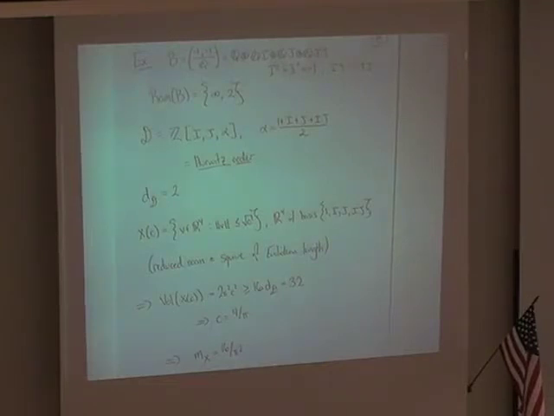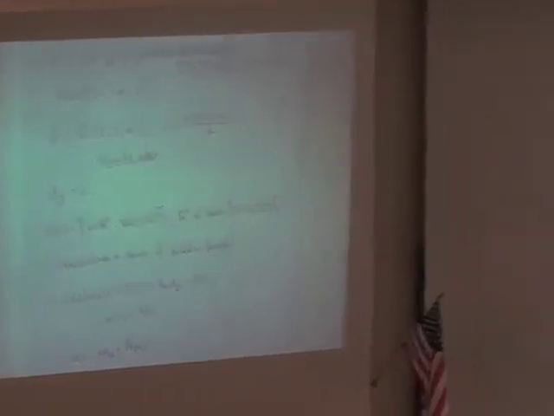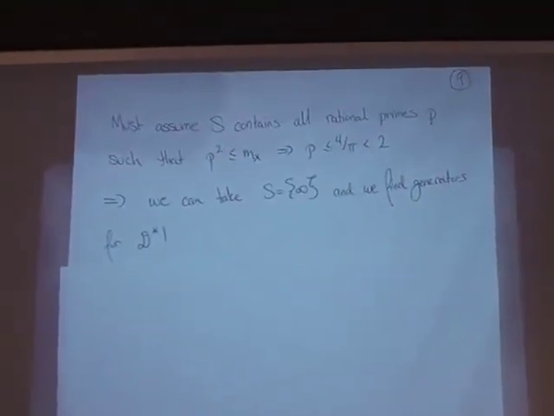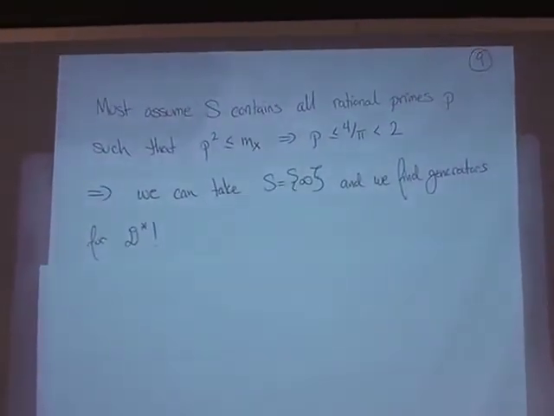Which means that we can just take the infinite places. We don't even need to invert anything in this case. So we can find generators for just the unit group. In fact, this happens in some other small examples too.